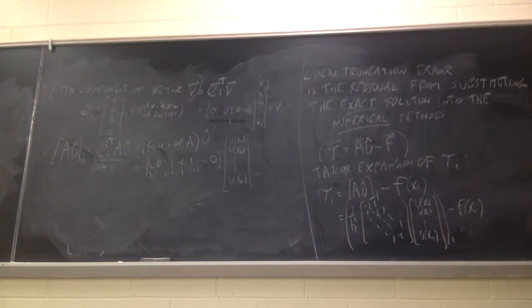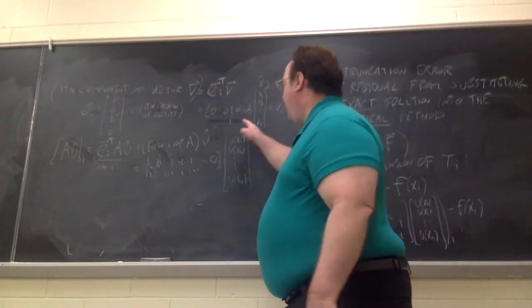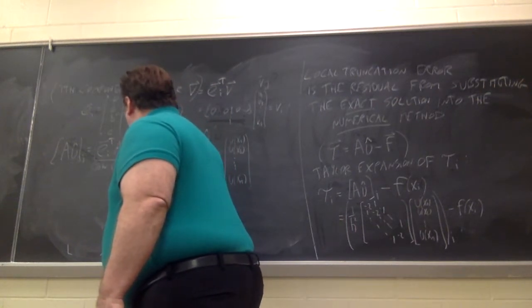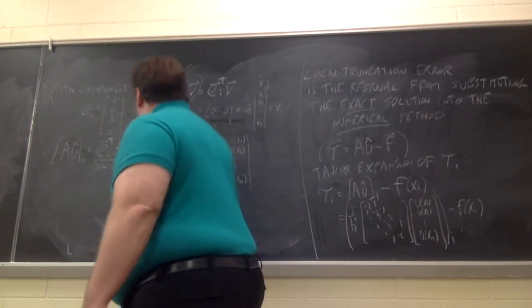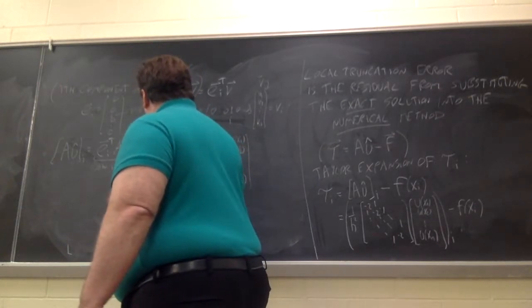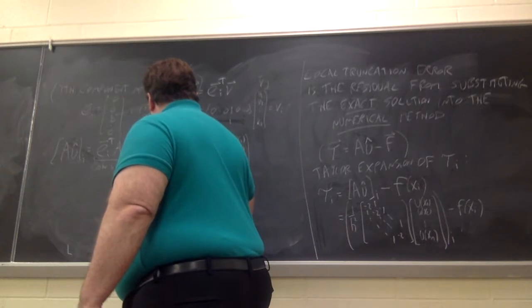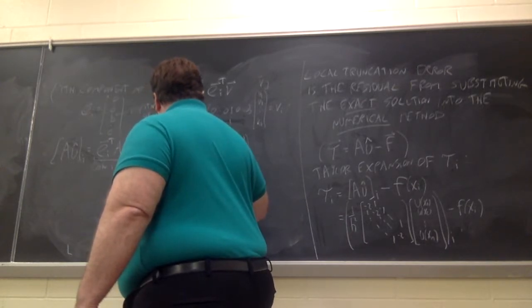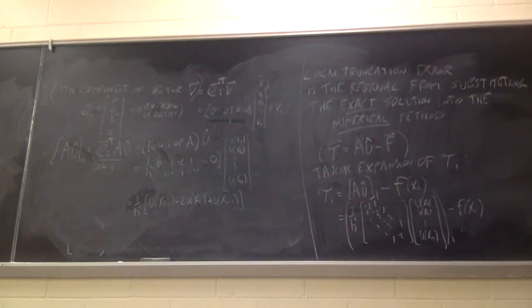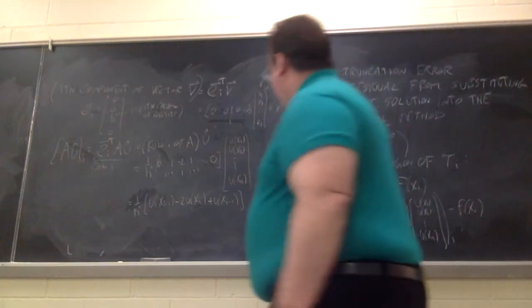When I take the dot product, I get 1 over h squared times u(x_{i-1}) minus 2u(x_i) plus u(x_{i+1}).